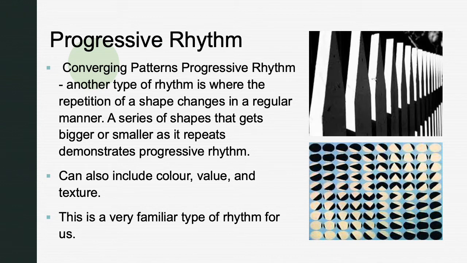Now progressive rhythm. What is progressive rhythm? We can make a progressive rhythm simply by changing one characteristic of a motif as we repeat it. We could draw a series of circles, one above the other, making each lower one larger.